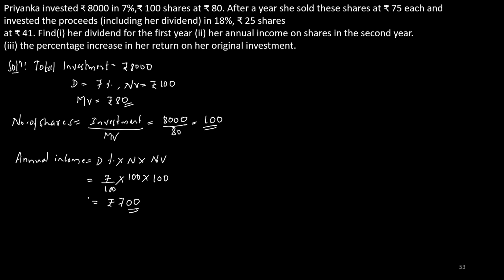Once we are getting 700 rupees as the annual income, what are we supposed to do next? Any idea? Sale proceeds. Simple, direct question. Her dividend income for the first year, her annual income on the shares in the second year, and the percentage return on the original investment.